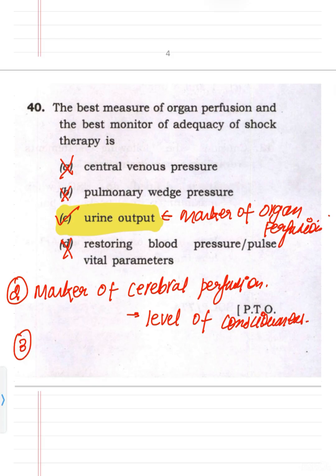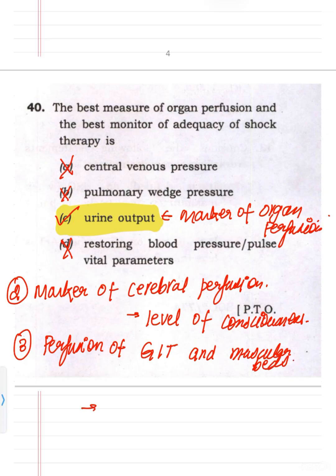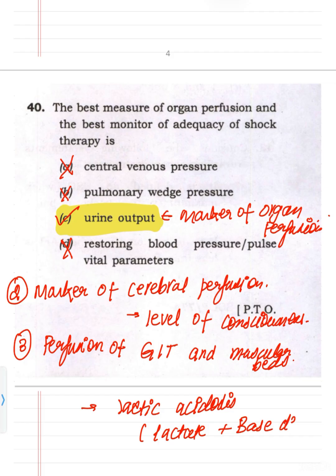A third question can be asked: what is the marker of perfusion of the gastrointestinal tract and muscular beds? This is lactic acidosis, that is, lactate and base deficit are measured.